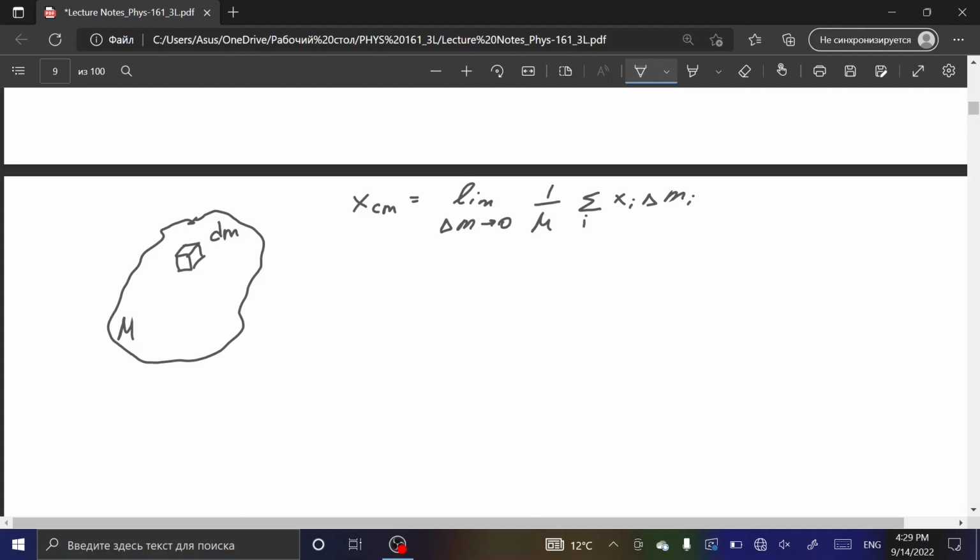So when delta m approaches 0, so we deal with very small blocks, units of this continuous body, we end up with an integration. So it will be 1 over capital M integral of x times dm.